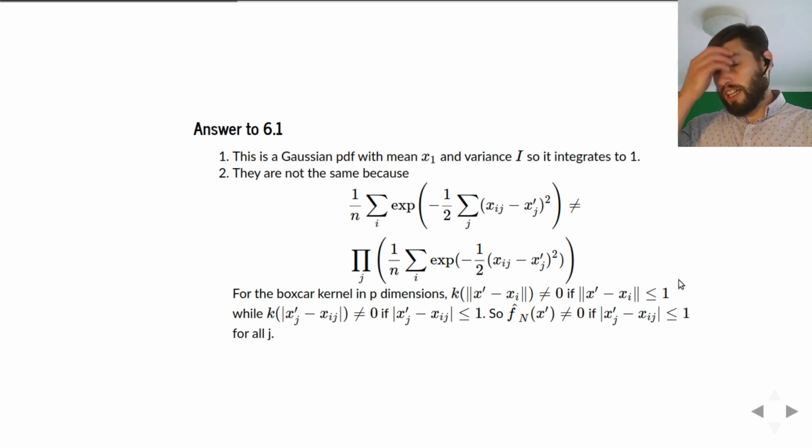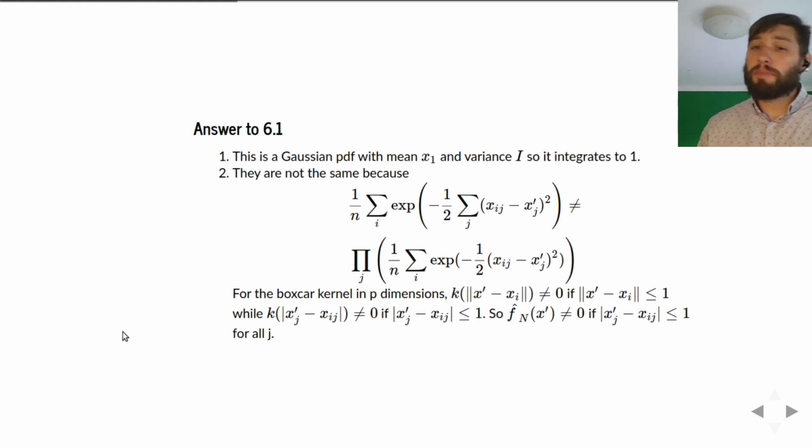At least in every case that the multivariate kernel density estimate is non-zero, the naive Bayes estimate is also non-zero.